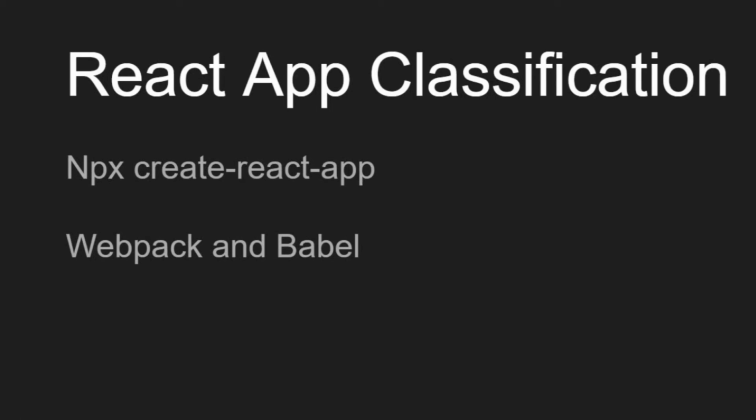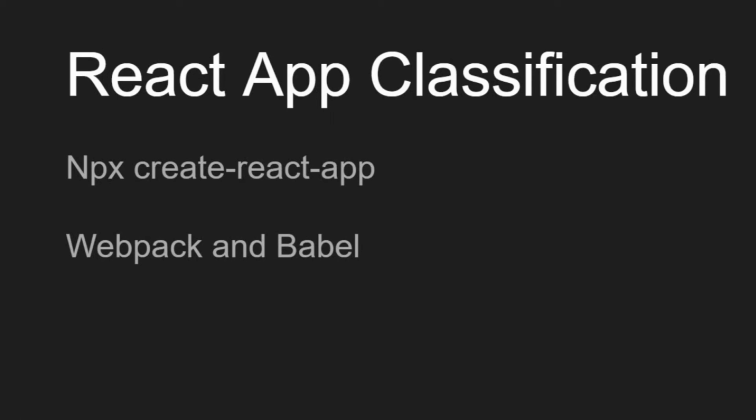Hello everyone. Welcome to the fourth tutorial in this series of Complete Guide to ReactJS. In this tutorial, I'm going to explain how to install a React app using Webpack.